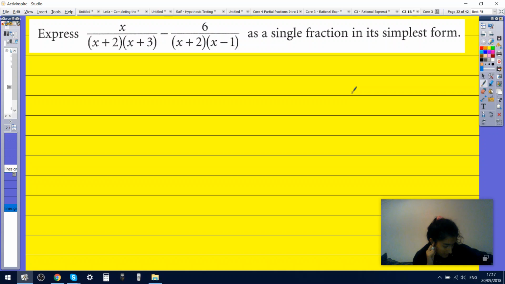What do you notice about the two denominators? They both got x plus 2 in it. And so that means that your common denominator only needs to be x plus 2, x plus 3, and x minus 1. You don't have to put x plus 2 for both of the things on top because it's already a common factor. Okay, so x plus 2, x plus 3, x minus 1, minus 6, x plus 2.